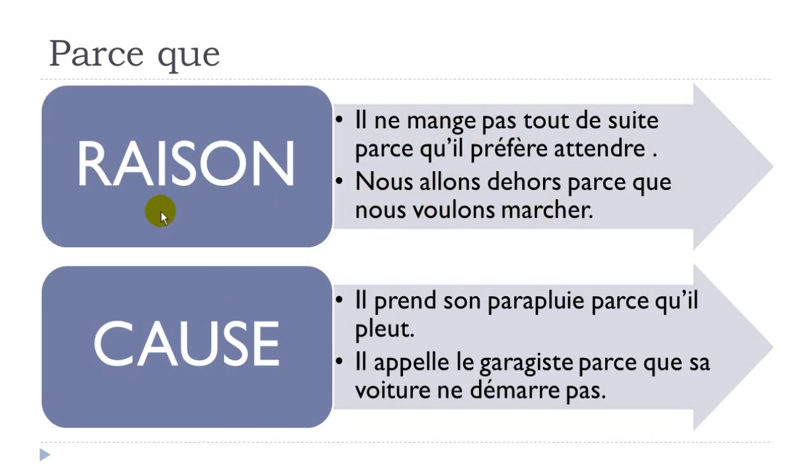And then the second possibility, when you're talking about la cause, something that is not the result of what someone is doing: it's raining, or the car doesn't start. It's not the result of the action of someone. So that's the two main uses of parce que.